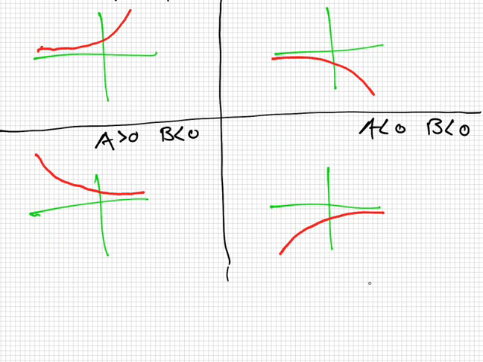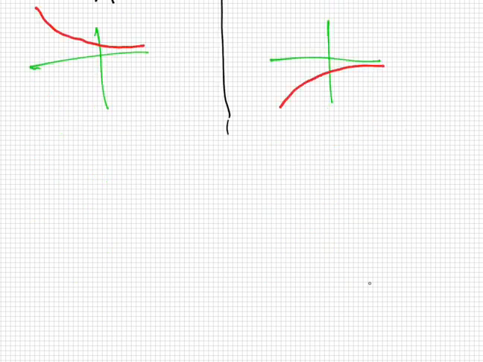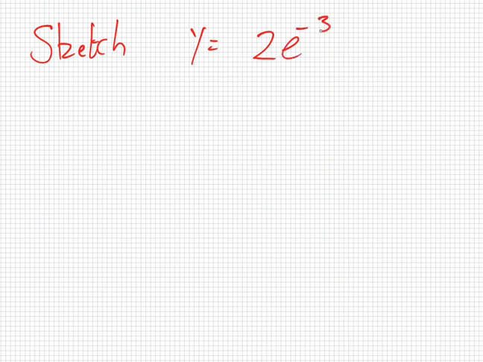But in the exam, it's one of the 4 which they'll ask you to draw as a quick 2-mark question. They'll say something like this. So for example, they might say sketch y equals 2e^(-3x). So very quickly, you're supposed to do this.